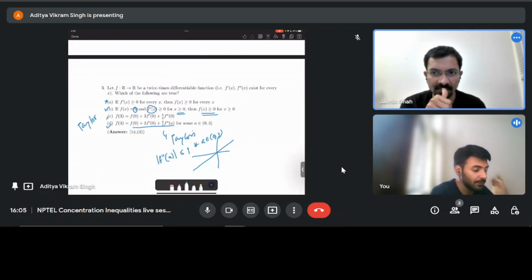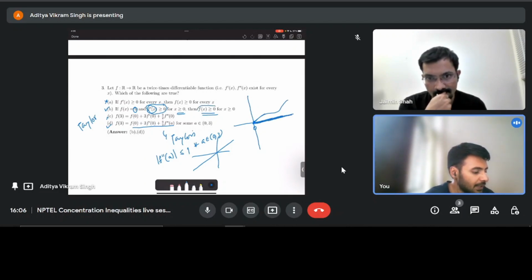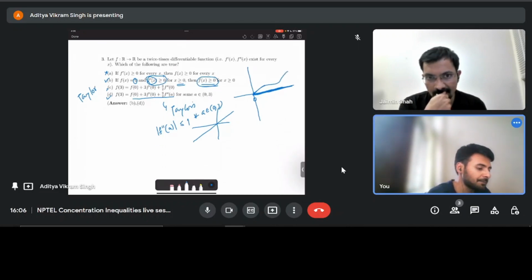So we know that at zero the function value is zero, and f dash x is greater than or equal to zero, which means that it cannot decrease. That is the intuitive part. Either it will stay constant or it will go up, but it cannot go below the zero level. So f(x) is greater than or equal to zero for all x. If you want to prove it formally, there is something called the mean value inequality.